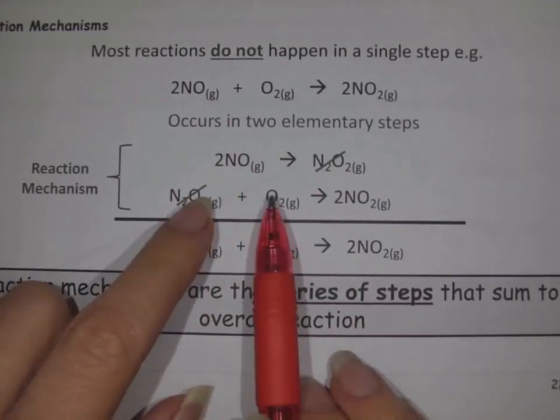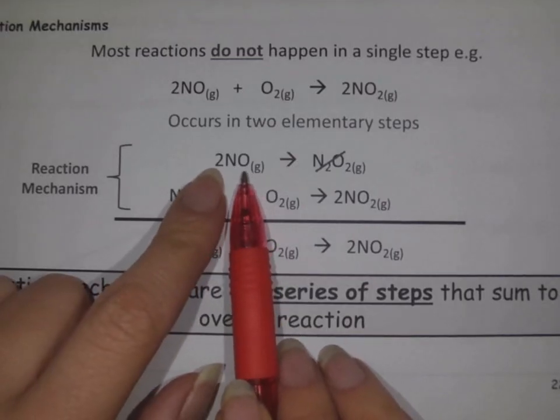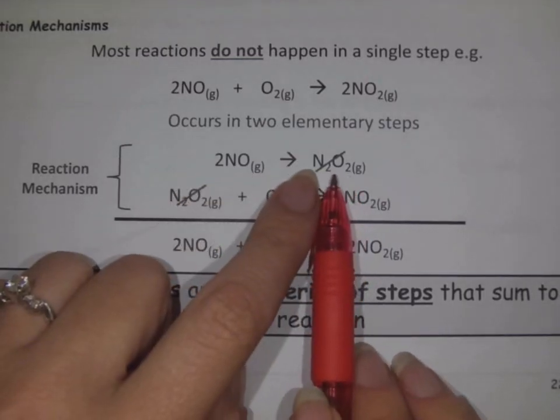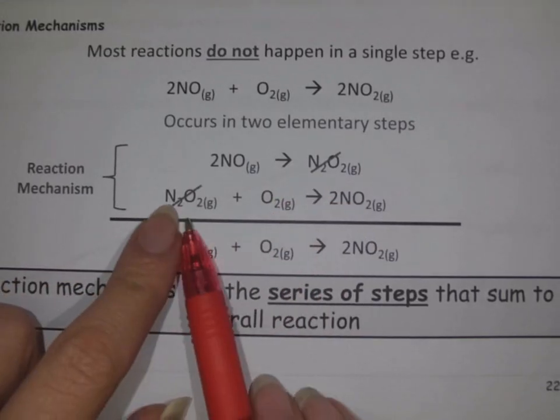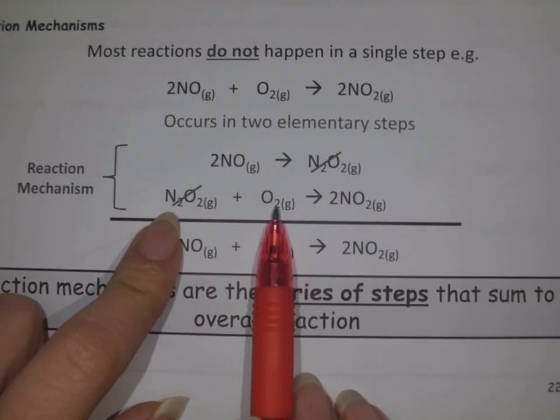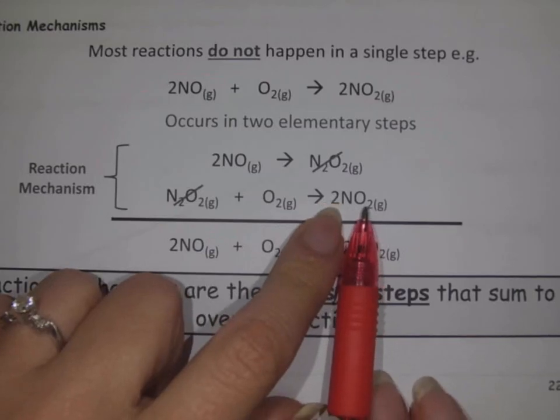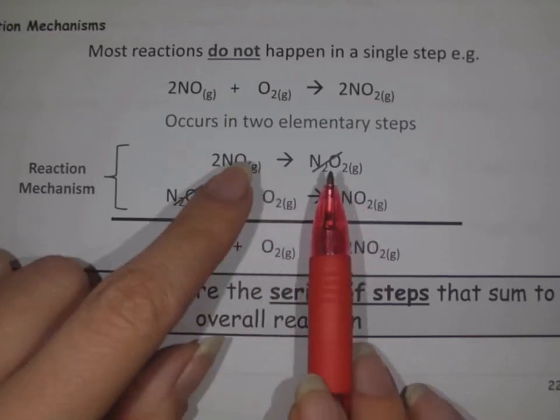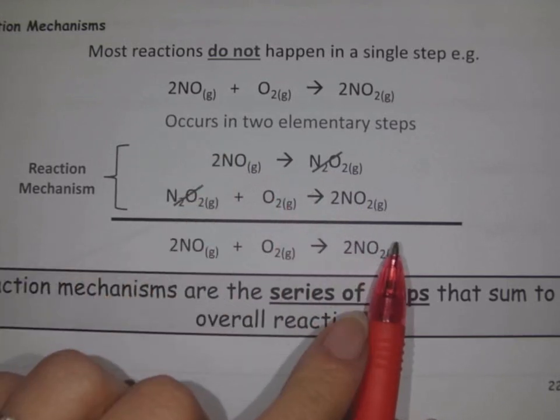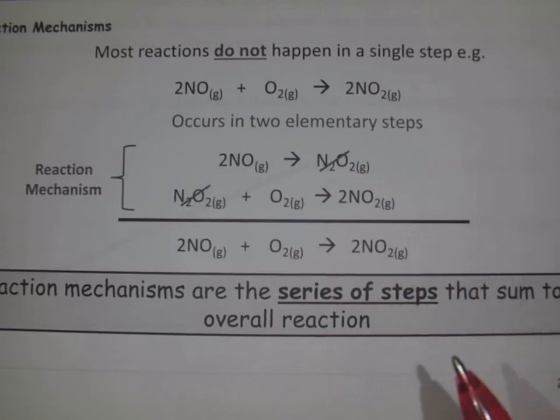So for this one, two nitrogen monoxides run into each other and make nitrogen peroxide, N2O2, and then the N2O2 will react with a free-floating oxygen molecule, and they collide, and that produces two nitrogen dioxides. These are the actual steps that occur to make the products, but we just show it in one step instead of two.